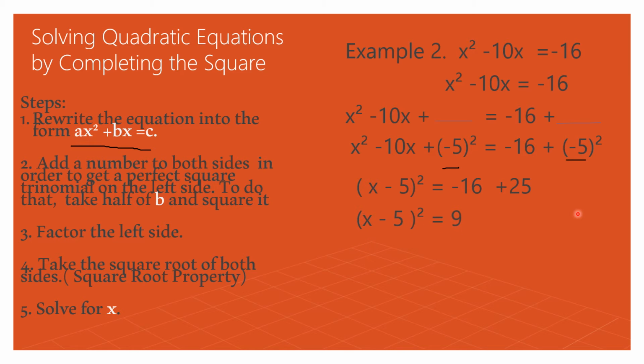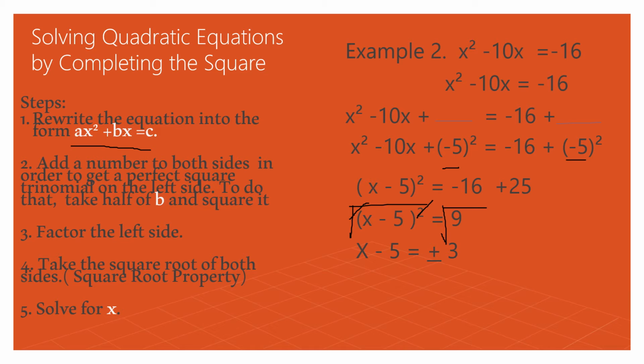And pwede pa natin i-simplify ito, magiging 9. Then take the square root. Ayan. Maka-cancel na yan. Ang matitira na lang dyan sa side na yan is x minus 5. Then is equal to plus and minus 3, because square root of 9 is 3.